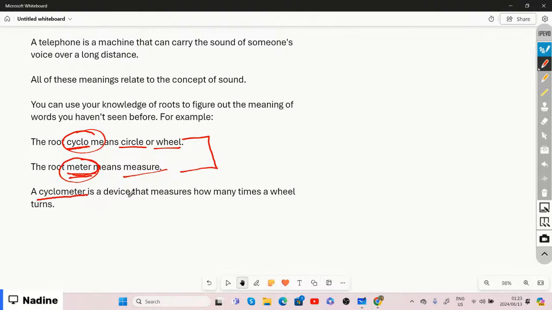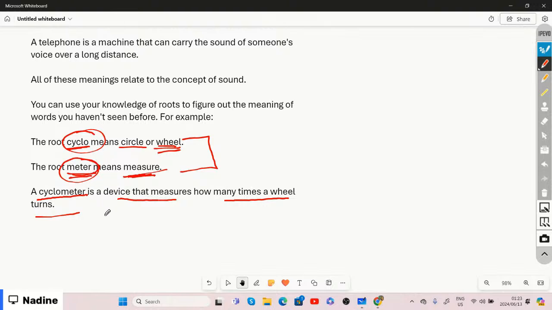And a cyclometer is a device that measures how many times a wheel turns. That is a cyclometer. And if we were to look at certain words with cyclo in them or meter in them, all of the words are going to be surrounding either circles or wheels for cyclo, or meter will be to do with measurements.